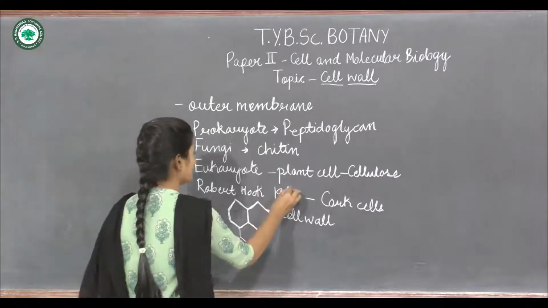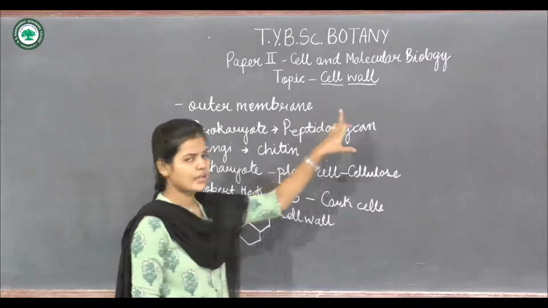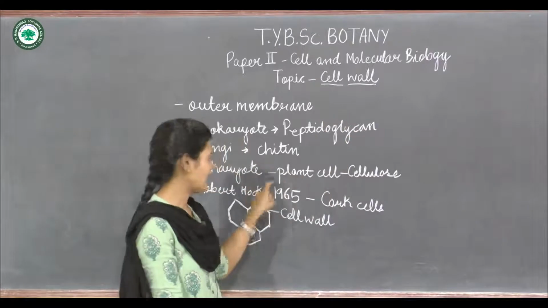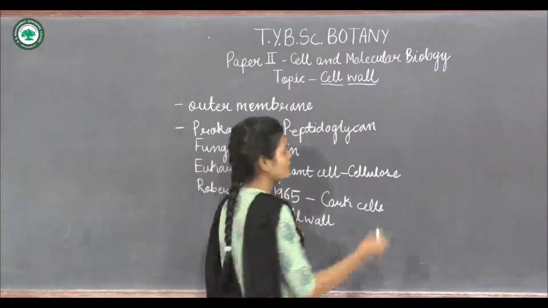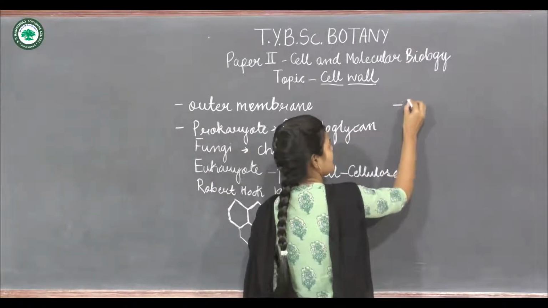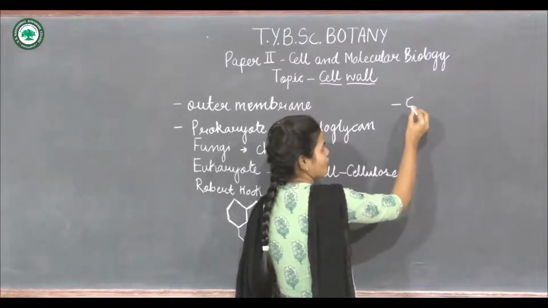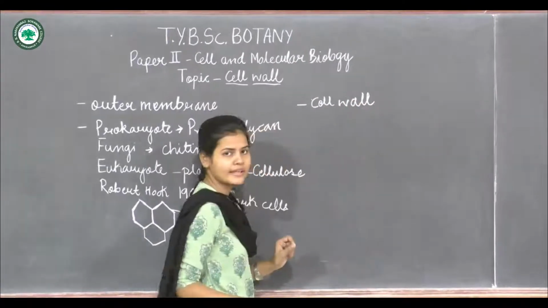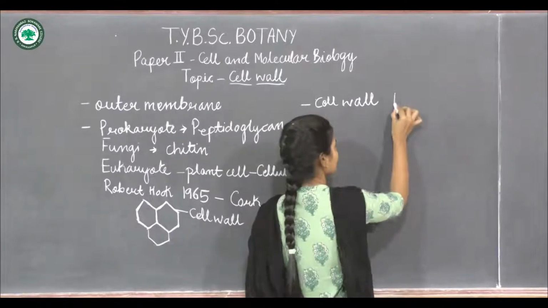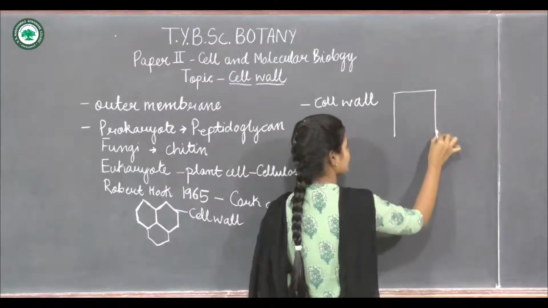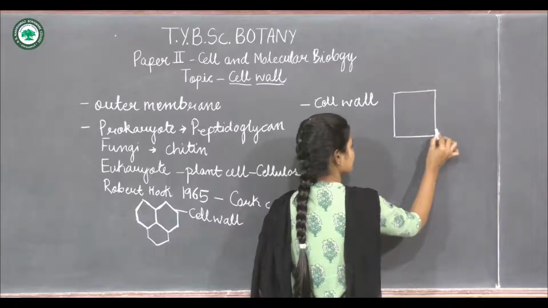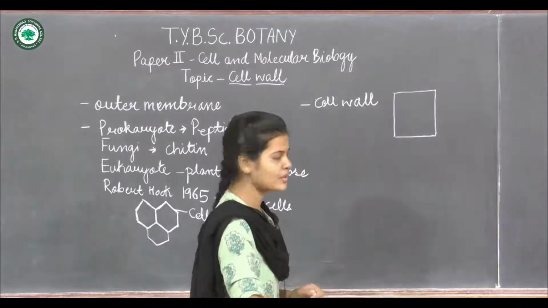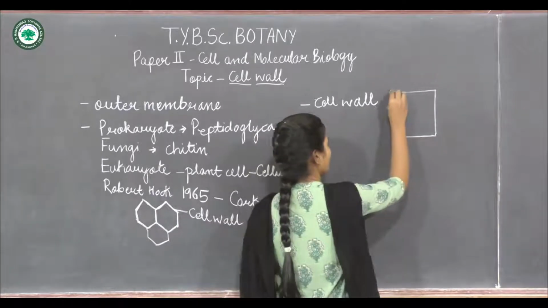Now, the next point: what is the cell wall? In case of the plant cell, the outer membrane is the cell wall. Suppose this is a plant cell. The outermost layer will be the cell wall.